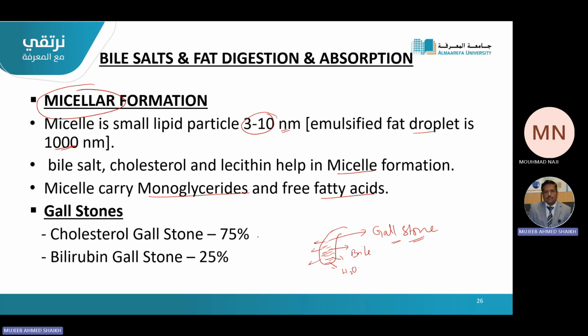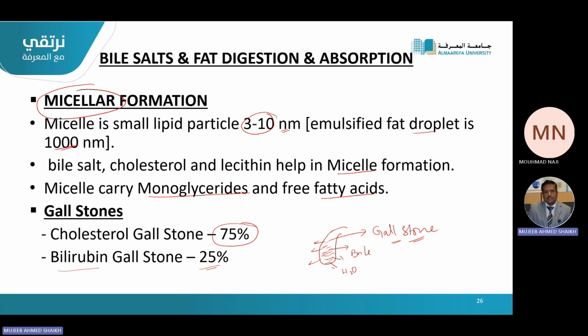Of these stones, 75% of the gallstones are formed by excessive cholesterol, and 25% are due to bilirubin. So gallstones are of two types: cholesterol stone or bilirubin stone.